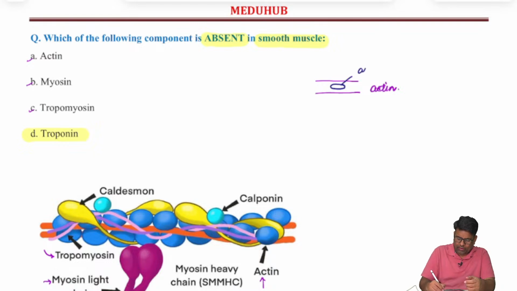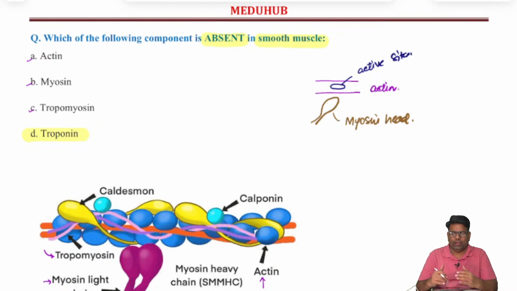And lower down we have the myosin heads, and the myosin head has a tendency to bind to these active sites so that muscle contraction can take place.